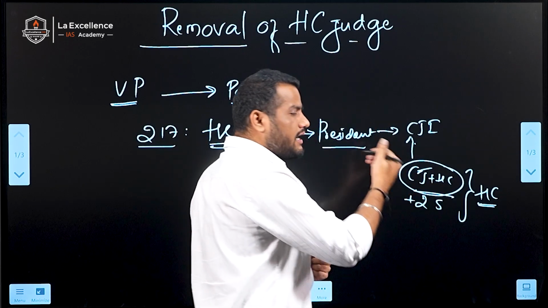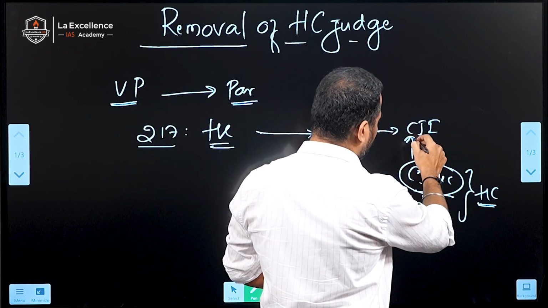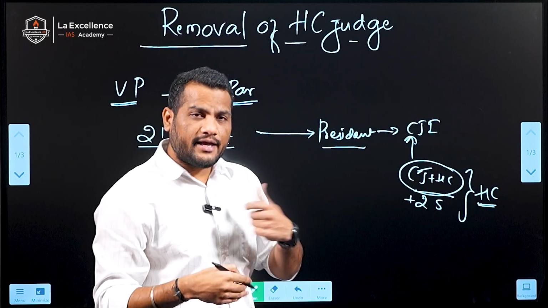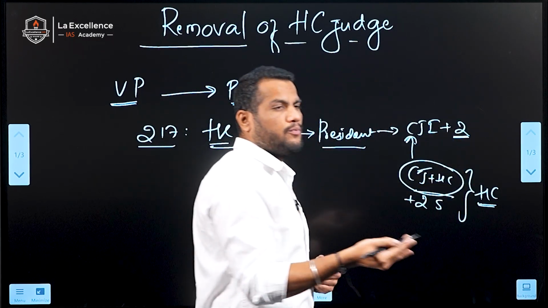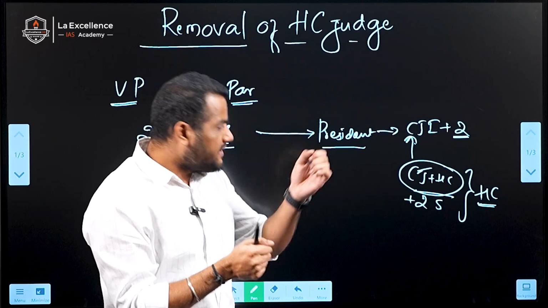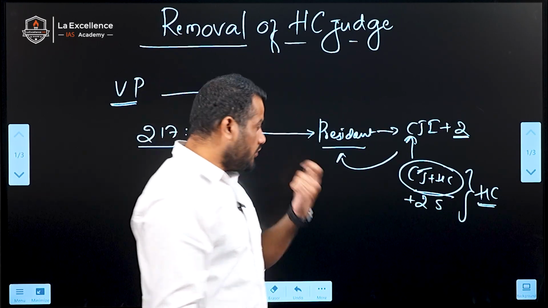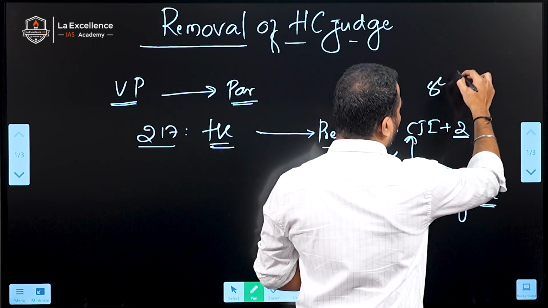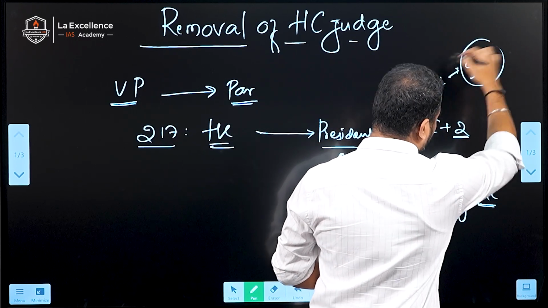The Chief Justice of the High Court, after consulting the whole collegium, recommends the name to the CJI. The CJI again, by consulting the two senior most judges in the Supreme Court collegium, recommends these names to the executive. You know that the Supreme Court collegium system consists of the CJI plus 4 senior most judges, right?